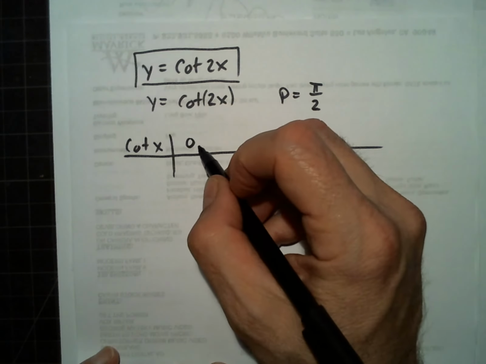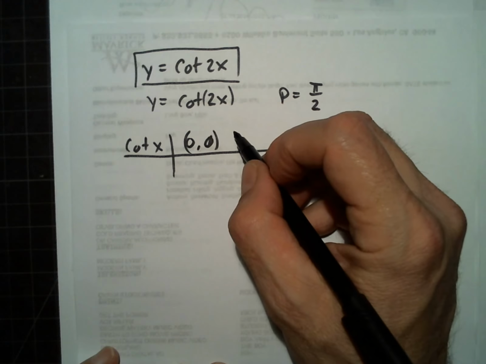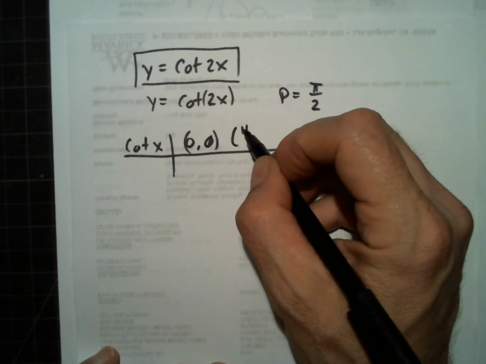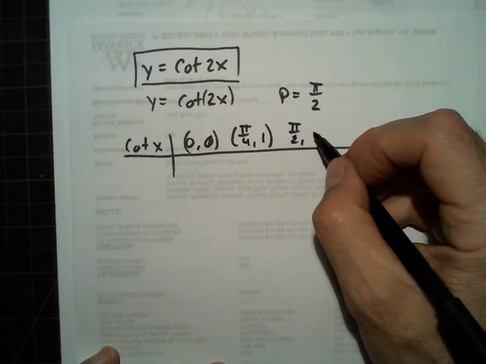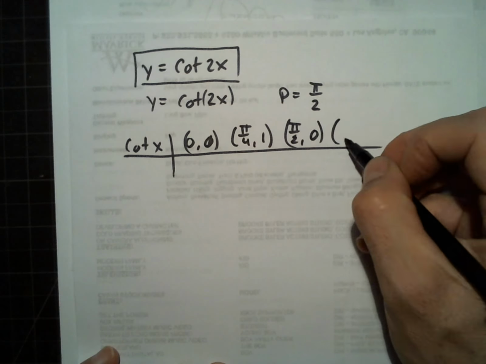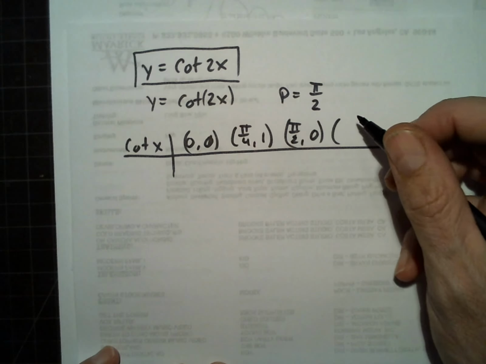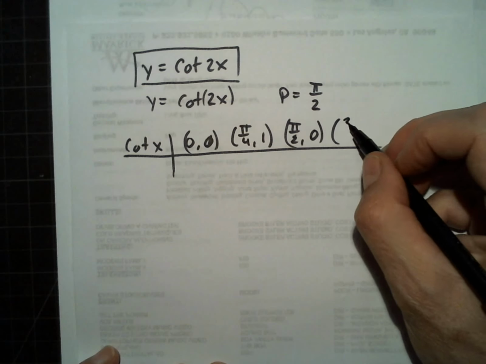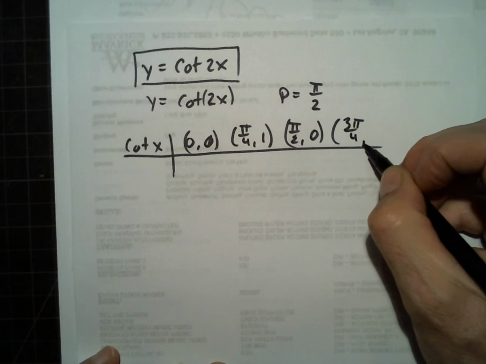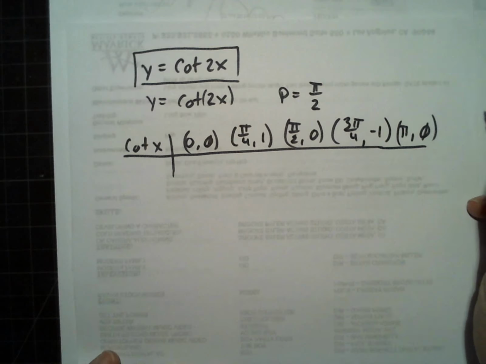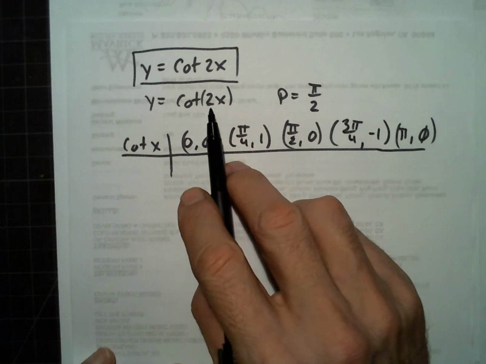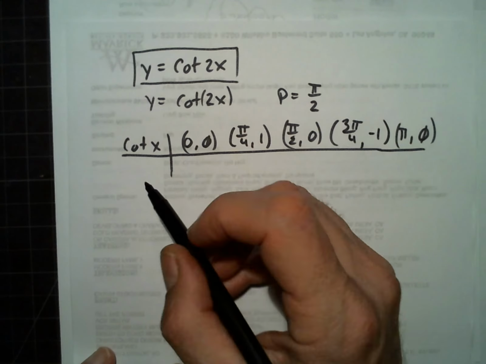Cotangent, let's start at 0. And these are the points from the parent function that we drew in the beginning. All we have to do is divide all the x values by 2.